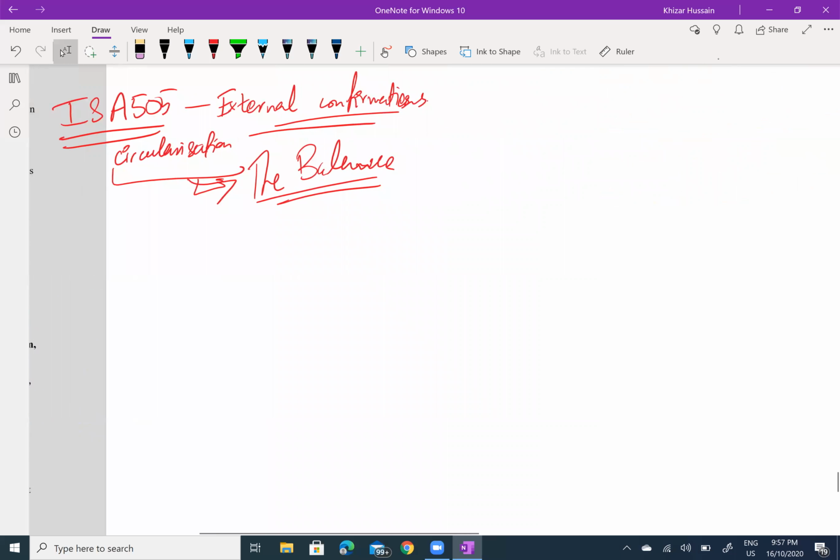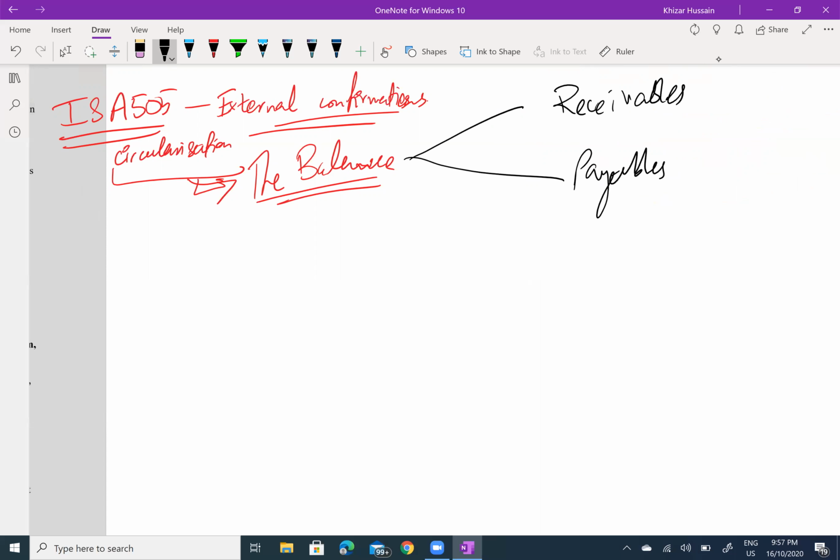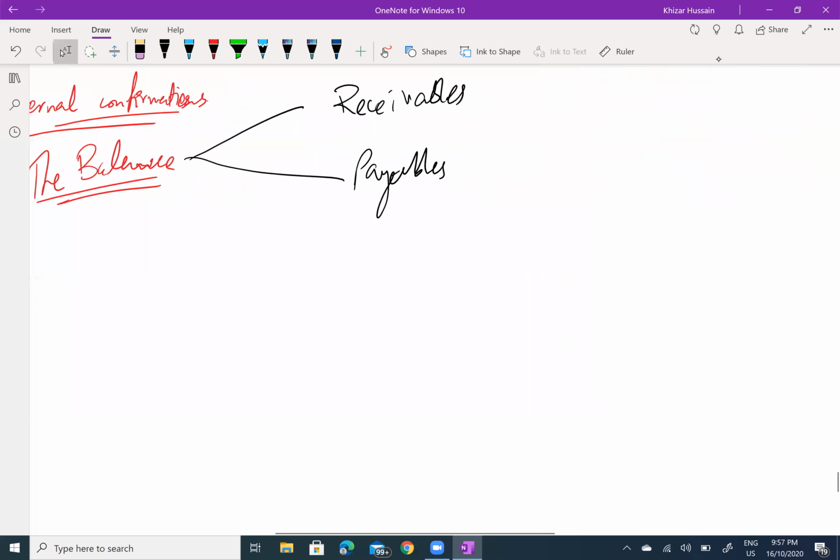One procedure we do is circularization of receivables and payables. This is done on the company's letterhead. But bank confirmation is sent on the firm's letterhead. You guys get it? Yes, sir.